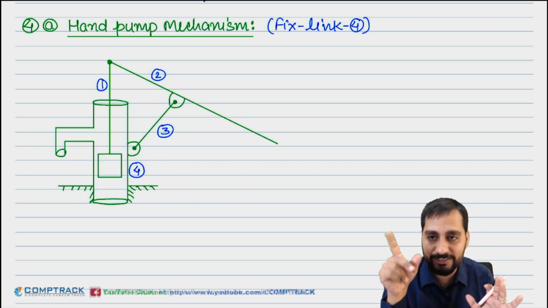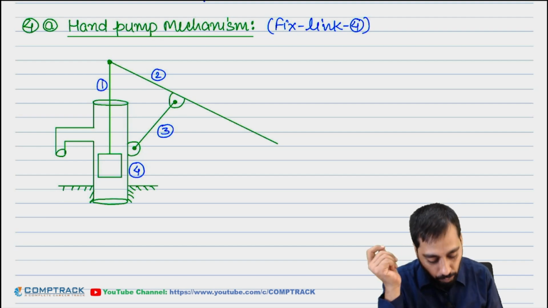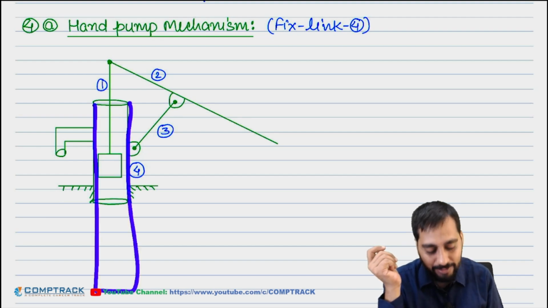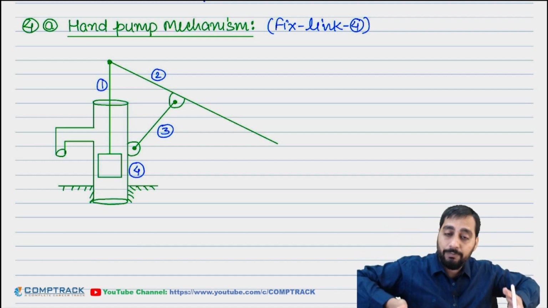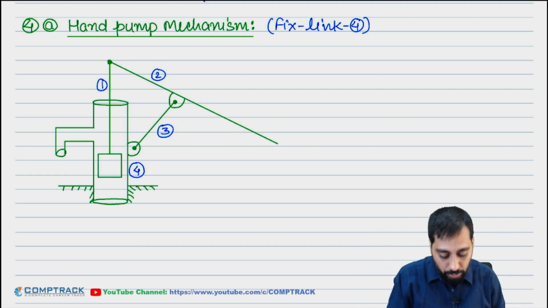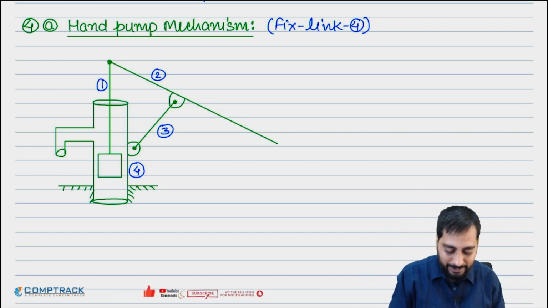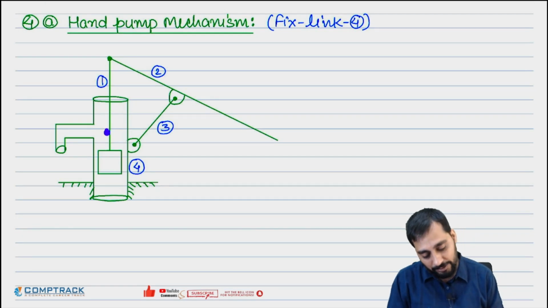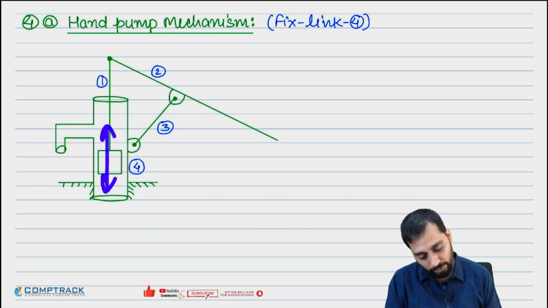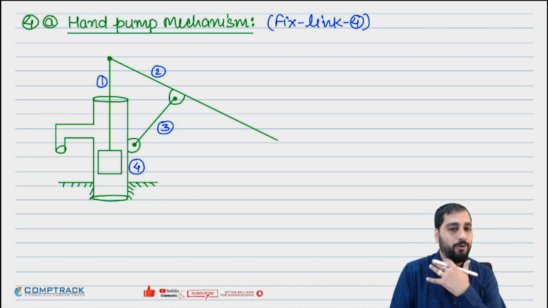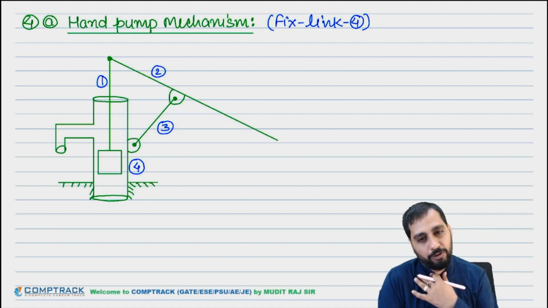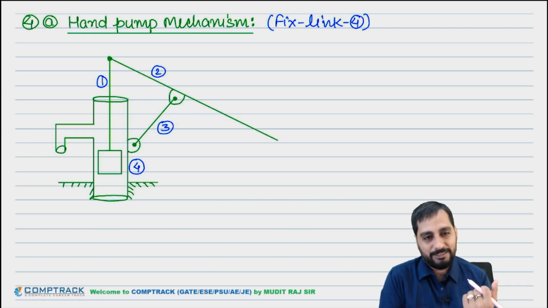That's why we can interchange. Moving this whole cylinder is hard, and the whole pipe of the hand pump will be very heavy, so you make it fixed and interchange with the first, so that only the first will be moving like this, fourth will be fixed, and the output will be the same. Got the point or not? है ना? So after a few modifications this is done.